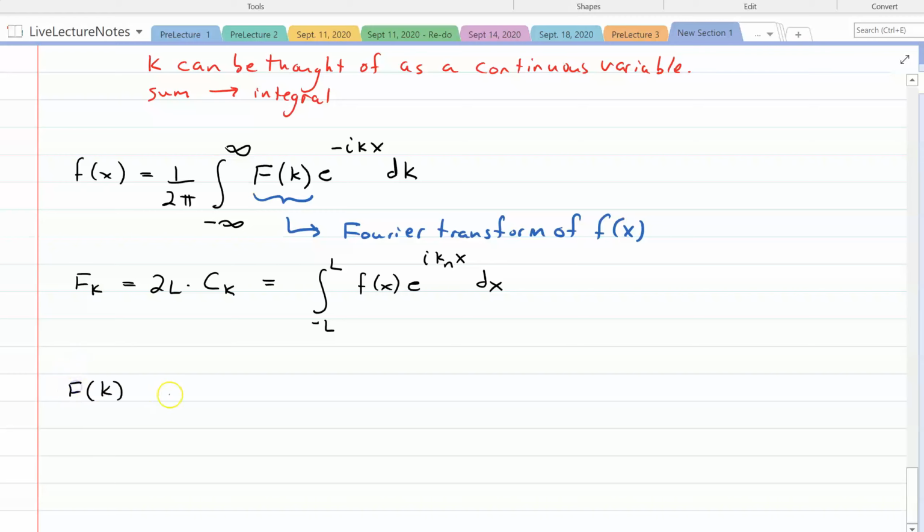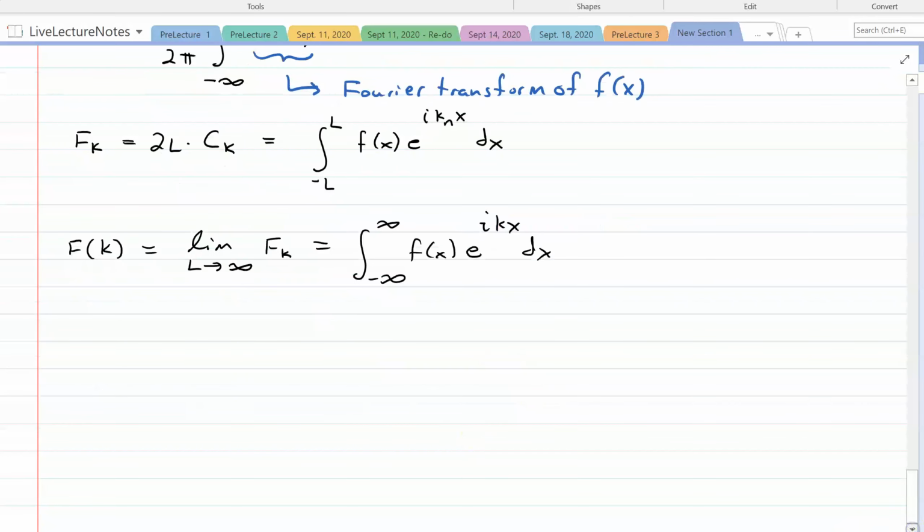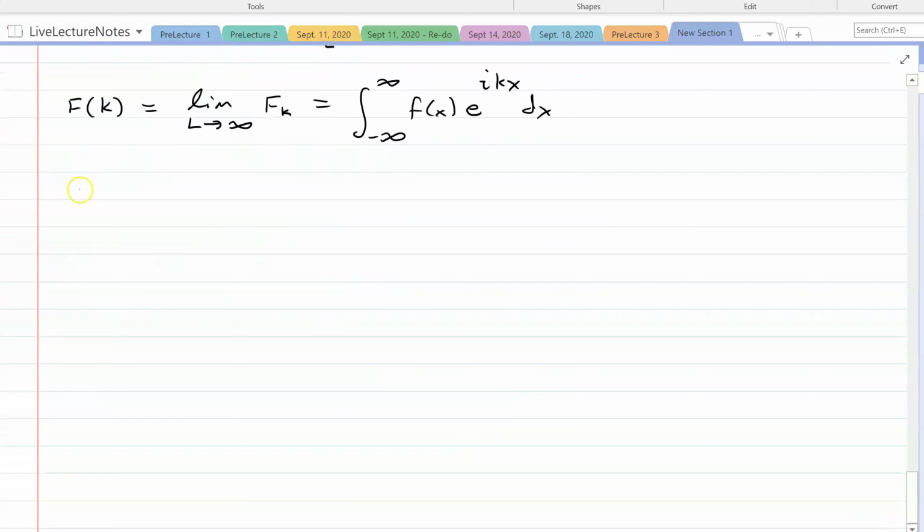F of k is the limit as L goes to infinity of the discrete version. So that's the integral from minus infinity to infinity, f of x, e to the i k x dx, where k becomes a continuous variable. Just like that. Okay. So let me summarize.